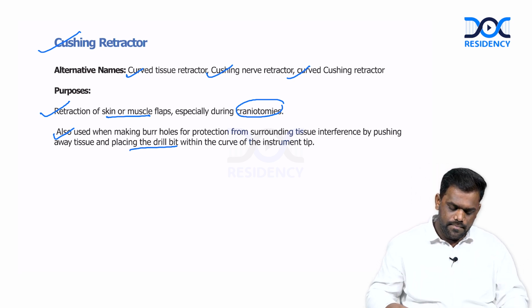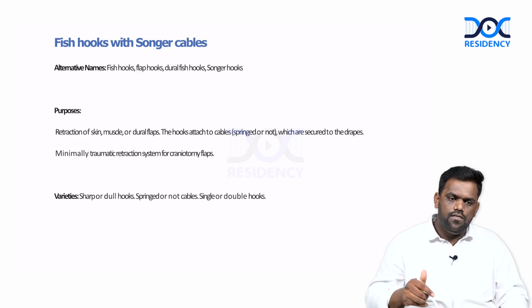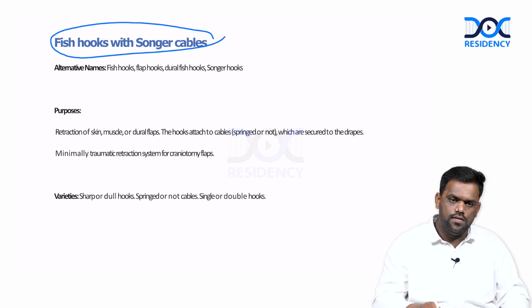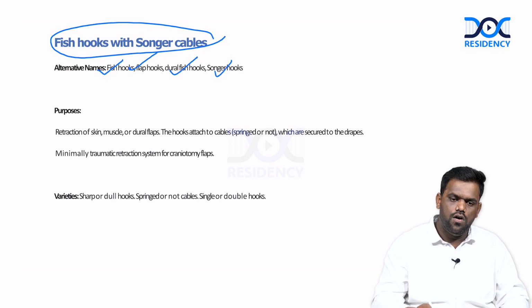This is called Cushing's retractor, and this is another retractor. Its name is fish hook with stronger cables, otherwise called fish hooks, flap hooks, dural fish hooks, and stronger hooks. Many names are there. Its main purpose is the retraction of the skin, muscle and dural flaps.